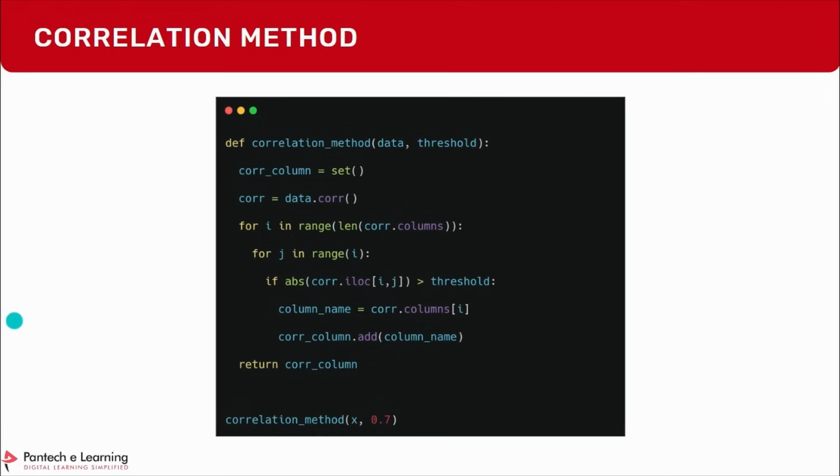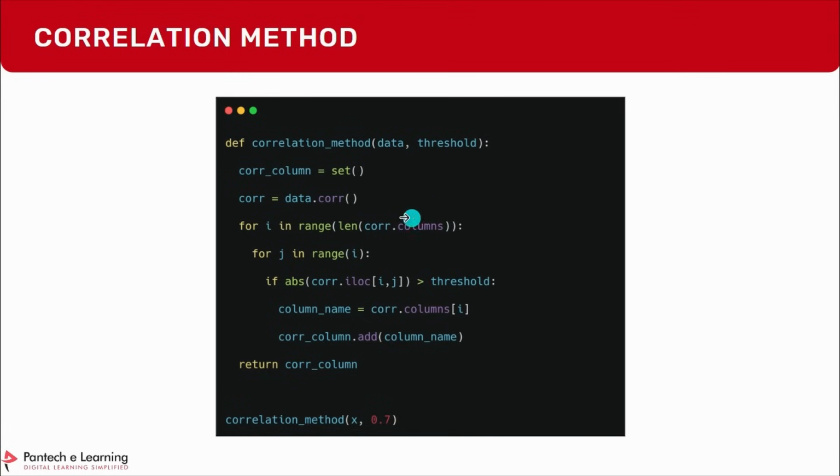So what we'll be doing here, I'll explain. We have to store unique column names. We use a set, because a set will store unique names. And in corr, we are getting the correlation of your data set, right? So for i in range, we are getting the length of the columns in the correlation table, and I am using another for loop for j in that range.